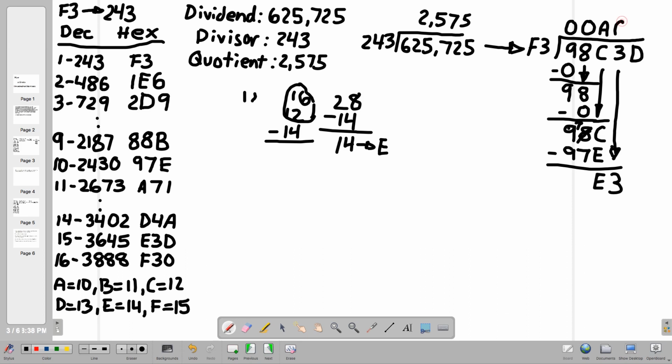So 0 goes here. And then to complete this cycle, 0 times F3 is 0. And then we subtract that, and that leaves us with E3. And then we complete the cycle and bring down the D.